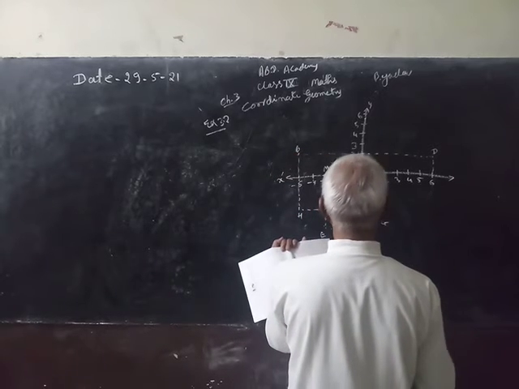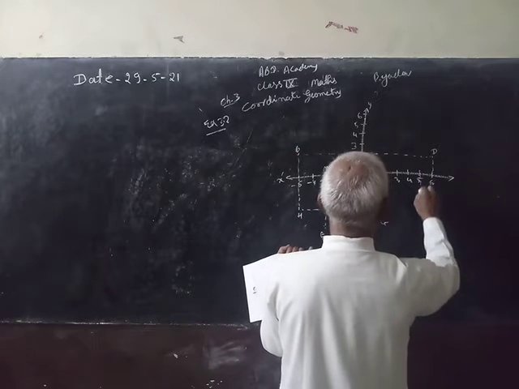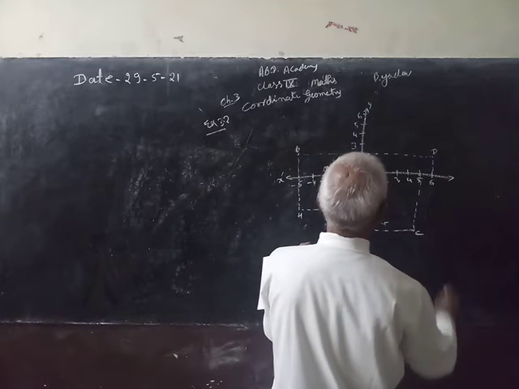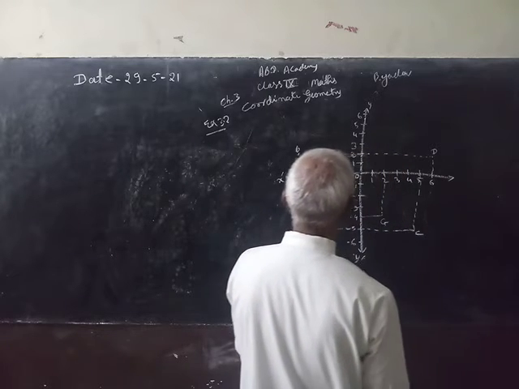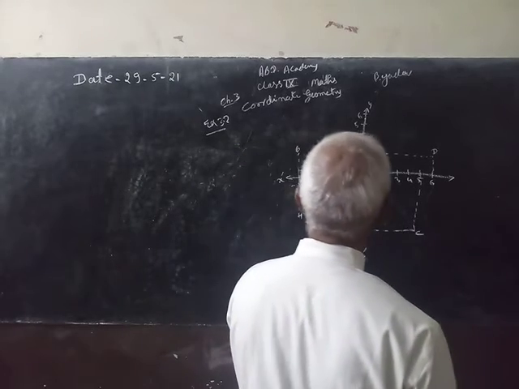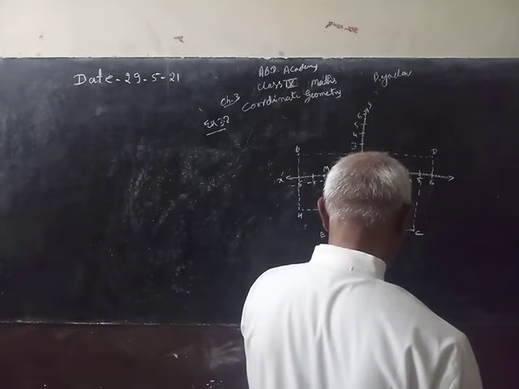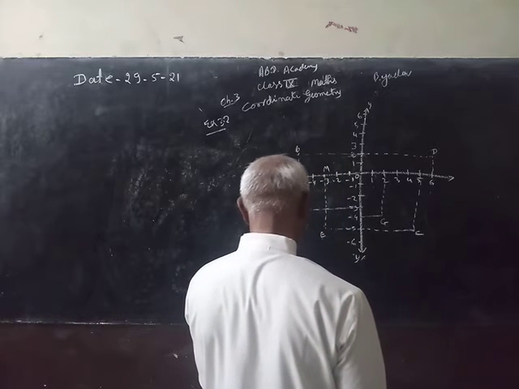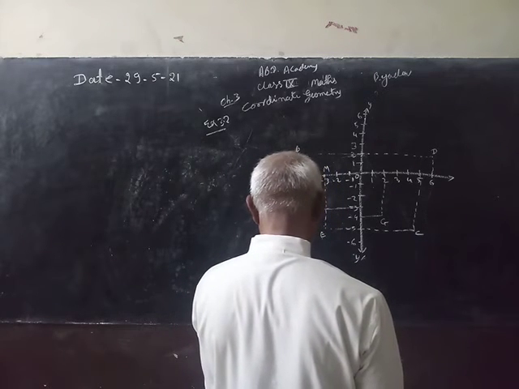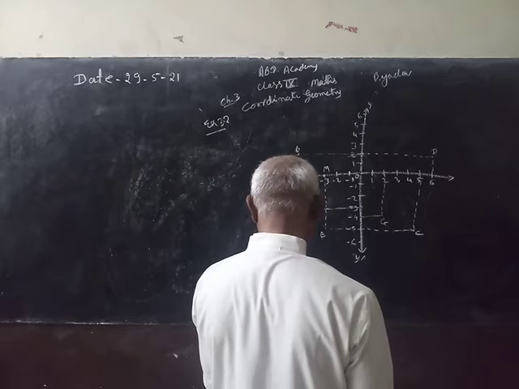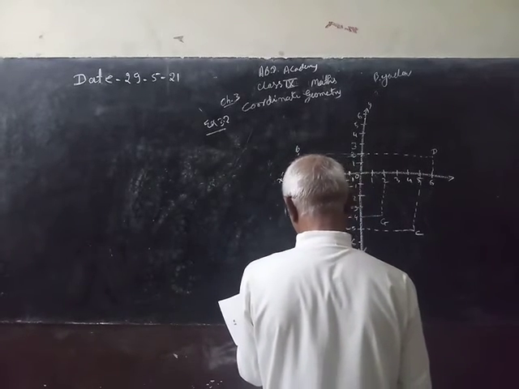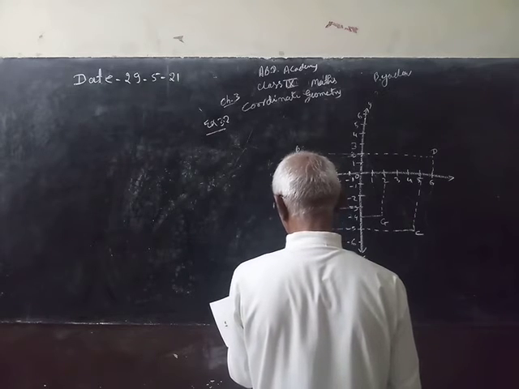C is 5 and minus 5, here is C. So B, C, D, E. A is not visible here. Yes, M is there. H, G, C. Other points are not shown here.